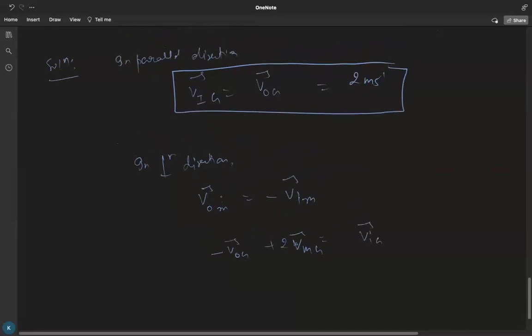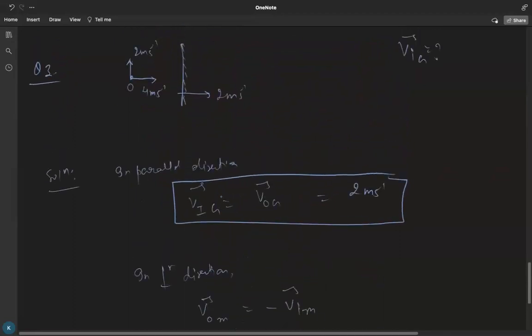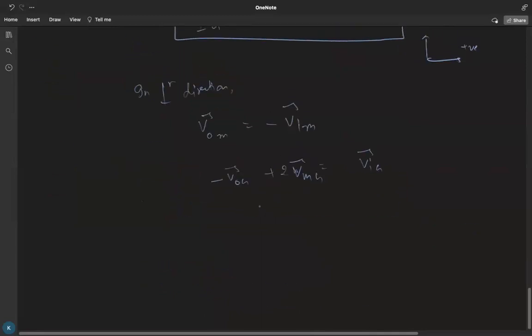So here, if we solve this, what is the velocity of object? I'm considering this direction as positive. So here we will get minus 4 plus 4. So velocity of image with respect to ground would be 0. So in the perpendicular direction, velocity of image with respect to ground is 0 meter per second.